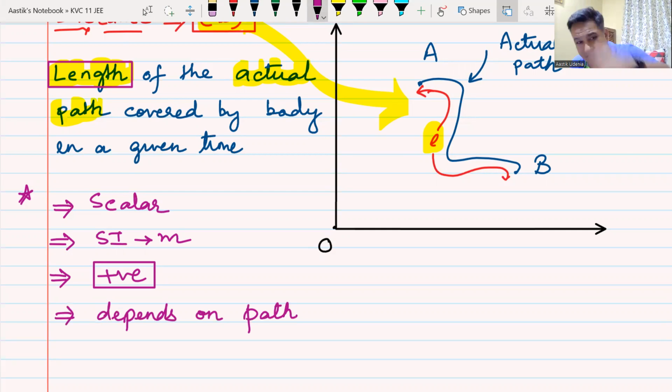If you go in some other path, distance would be different. Please note this down. It depends on the path. Distance is never negative, it is always positive.